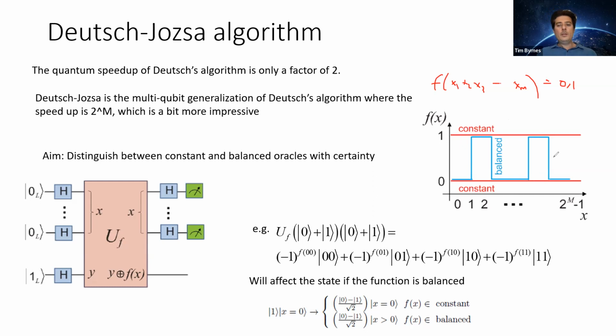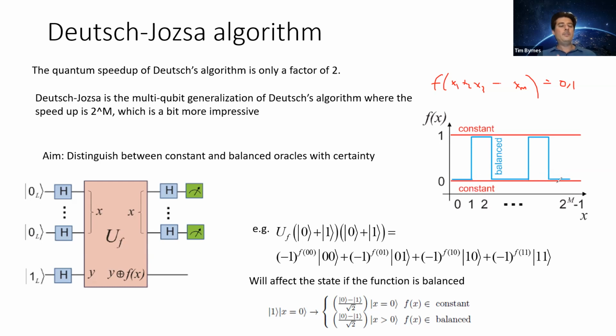Because if this is guaranteed to be balanced, and say you just pick these inputs at random, you could be incredibly unlucky and pick all the cases where it's equal to 1. Say it's this blue one here, and unfortunately you picked 1, 2, and then this one and this one and this one.